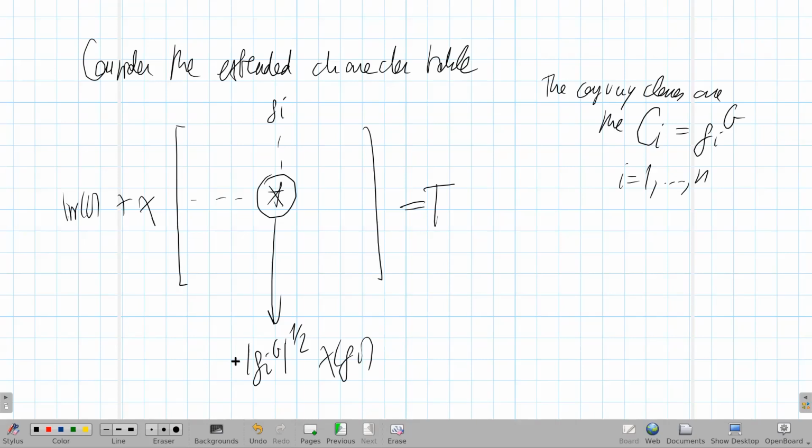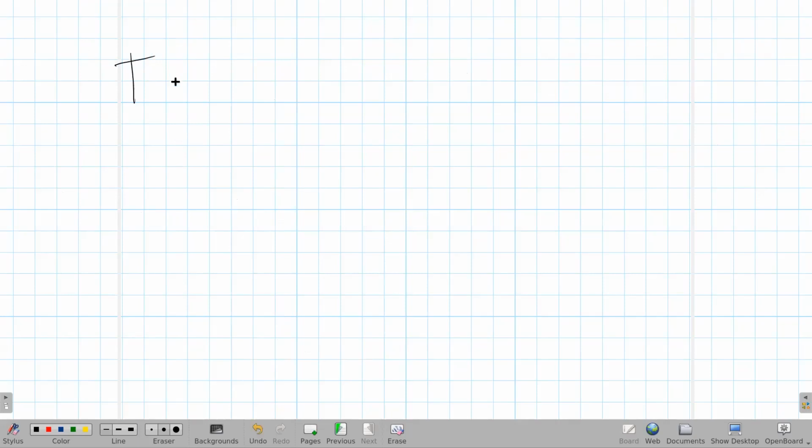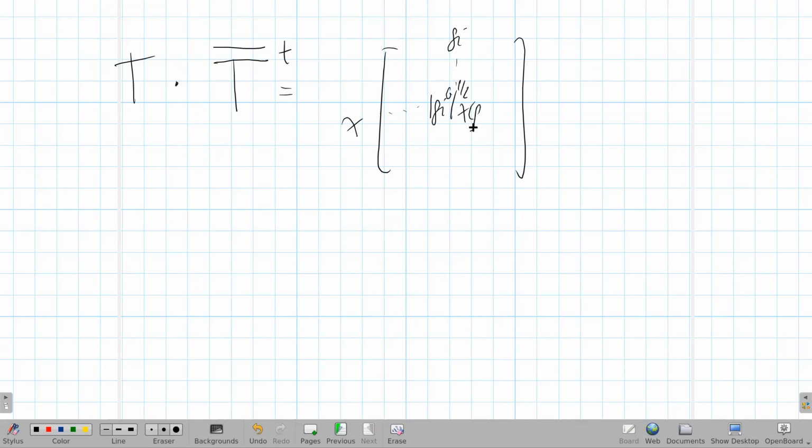Because then, if you consider T multiplied by its conjugate transpose, what does it mean? Here we have chi of g_i. In this position, we have the class size to the 1/2 times chi of g_i.